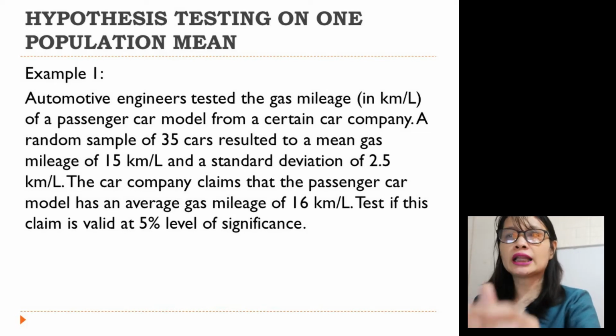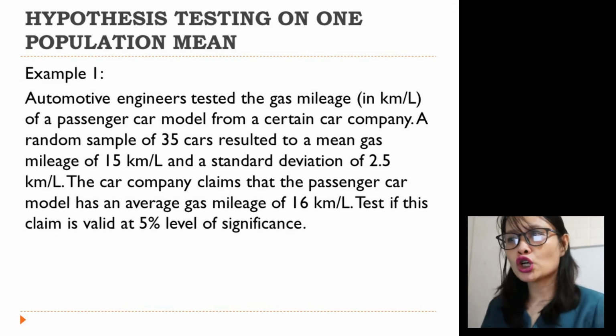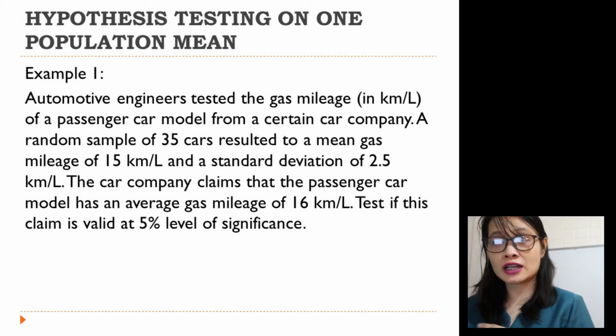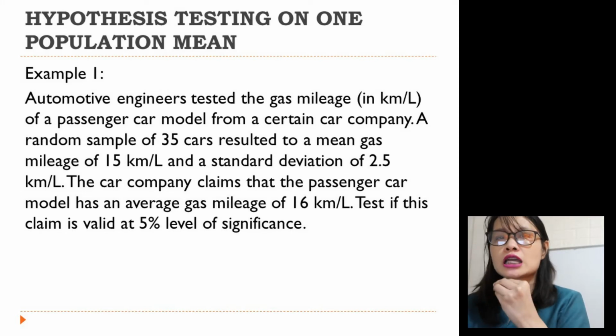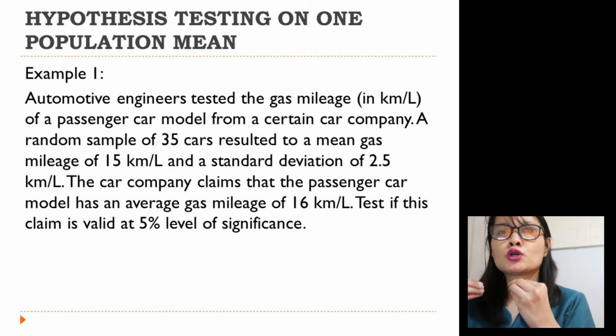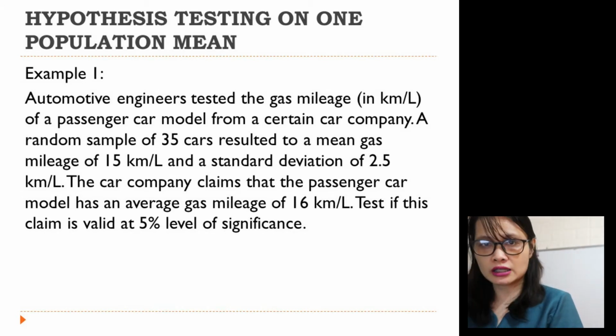The car company claims that the passenger car model has an average gas mileage of 16 kilometers per liter. Okay. Test if this claim is valid at 5% level of significance.